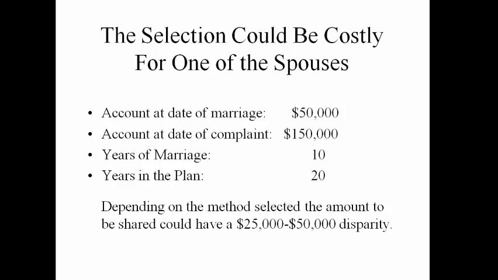So when we use coverture, we're going to prorate the account at the date of complaint for the pro rata time that the years of marriage converts to the years in the plan. So 10 over 20 is 50%. 50% of the account at the date of complaint is $75,000.